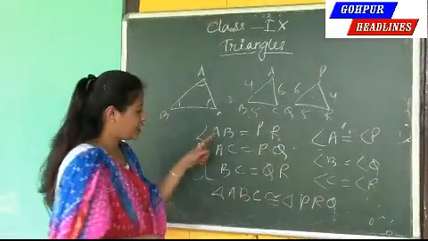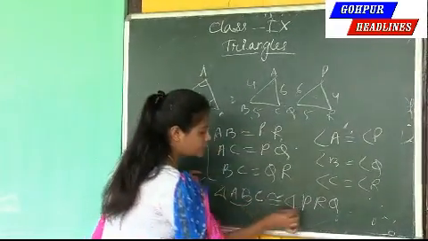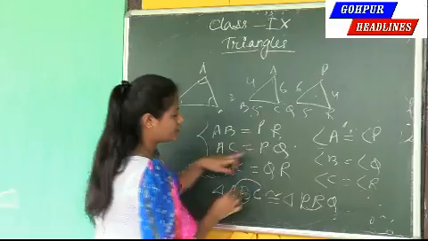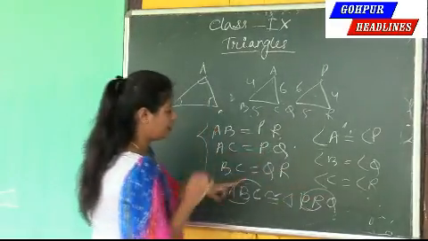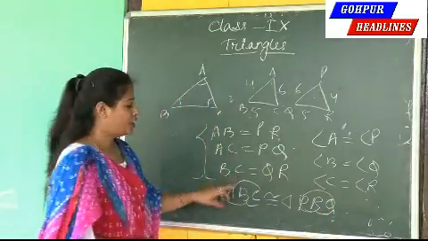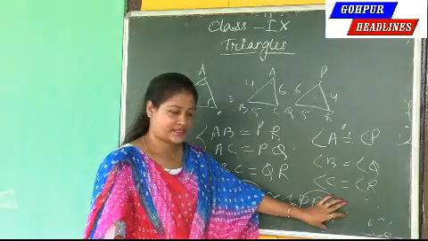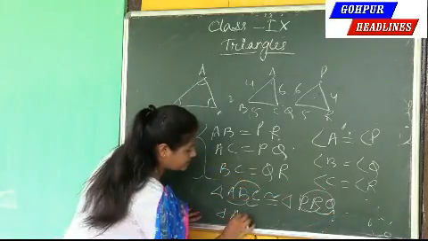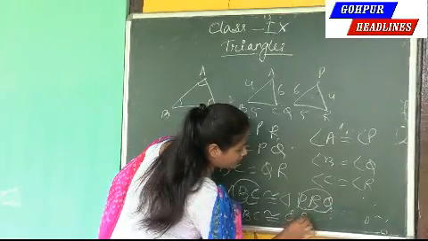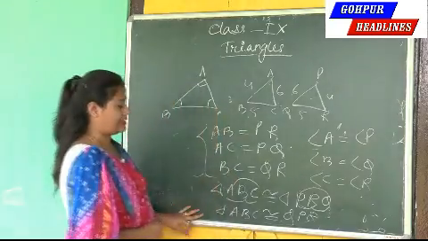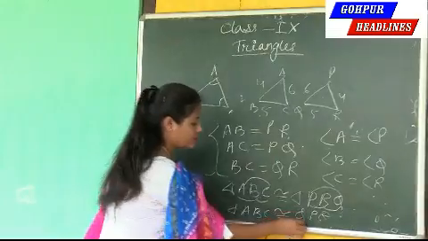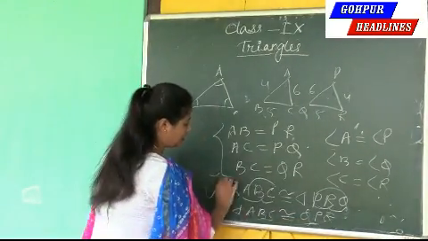Look here, AB equals PQ, and again AC equals what? PR, and BC equals QR. So the writing is like this. We cannot write it as QPR, since AB is not equal to QP, we only write like this.